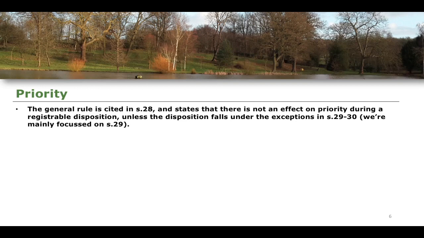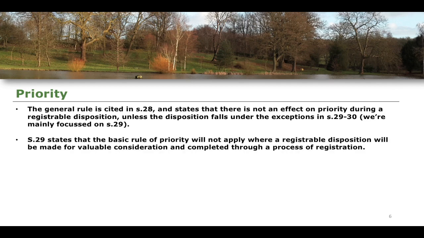This means that the list of interests is unchanged when there is a registrable disposition, like a conveyancing, for example. When that happens, there is no change whatsoever. They'll be bound to those interests, except for situations which fall under the exceptions in section 29 and section 30, but we're focusing mainly on section 29.